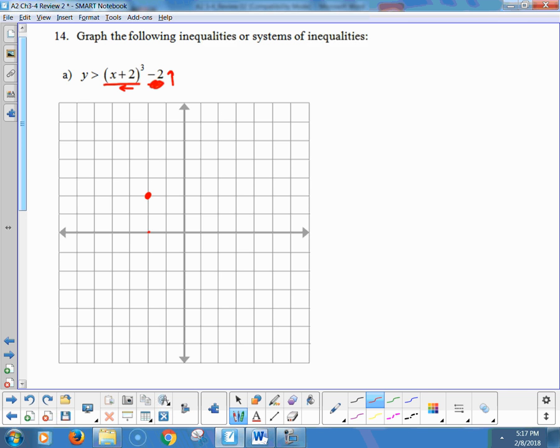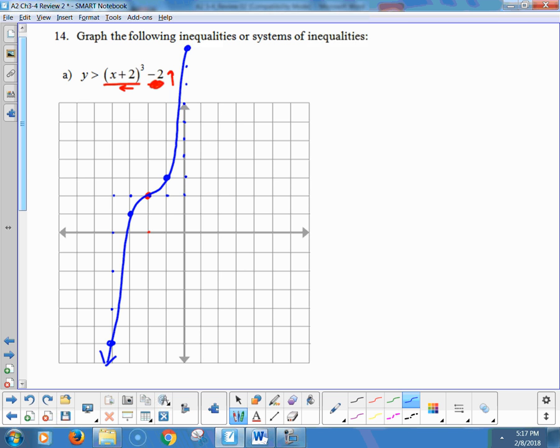That's my inflection point. From that inflection point, we could go forward 1, up 1, or back 1 and down 1. We could go forward 2 and up 8. 1, 2, 3, 4, 5, 6, 7, 8. It's off the graph. Or back 2 and down 8. And make a swooshy looking graph.